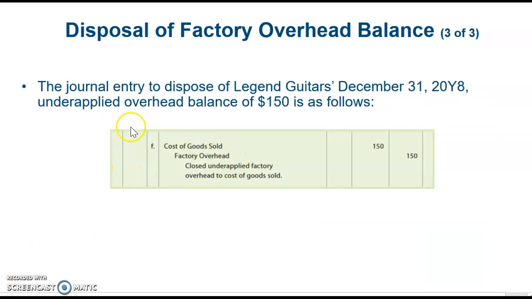So here is the actual journal entry that we're going to do for the under applied. Under applied means we still have a debit, some left in the actual cost that we didn't apply. So that's a debit balance, so we need to credit it, and then we will debit cost of goods sold.